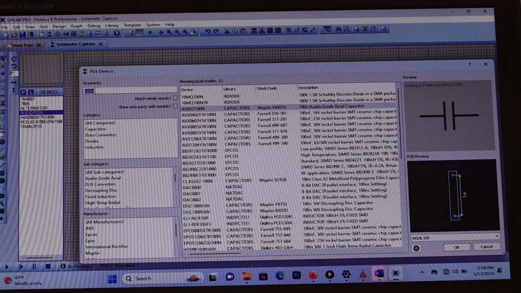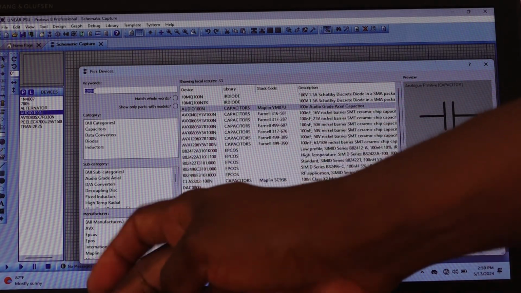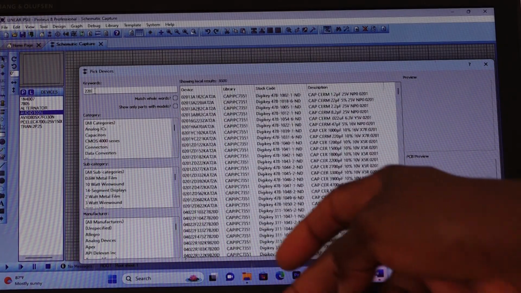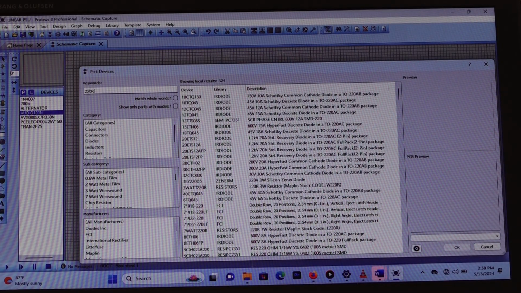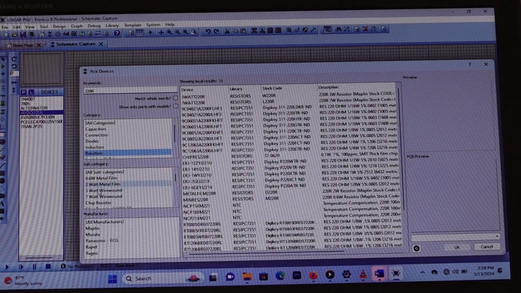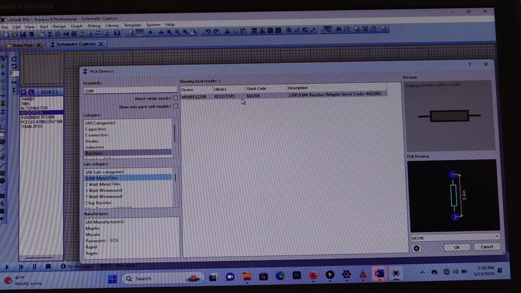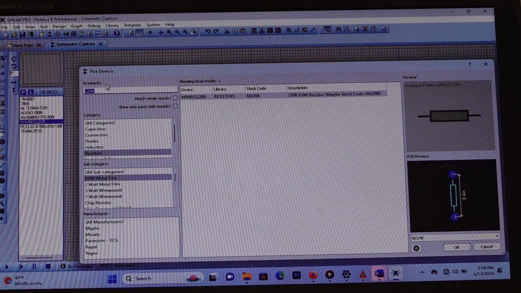Then the next component is the current limiting resistor. We say 220 ohm. So we just write 220 R. Then we go for the category, the resistor 0.5. This is 220 ohm.